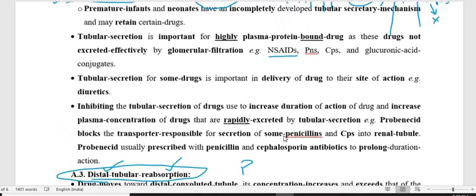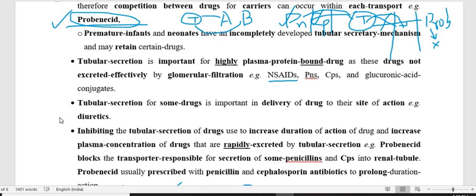Here I am going to mention one drug class, diuretics. Diuretic drugs only produce action when they are in the lumen. In the lumen, the diuretics are acting. So if a drug like a diuretic is transported quickly into the lumen, the drug will work more.